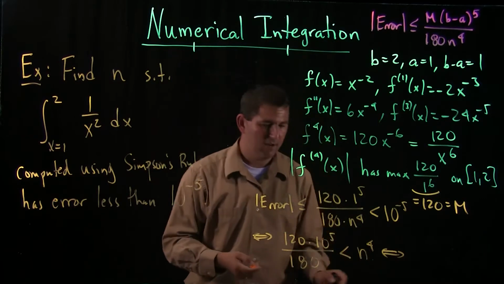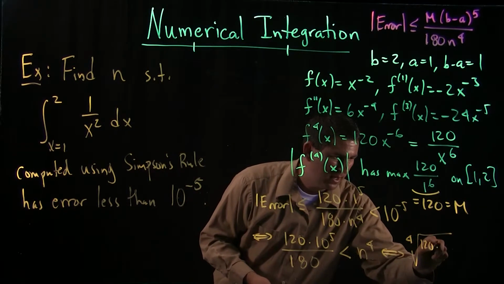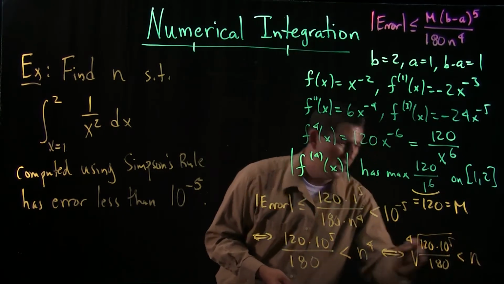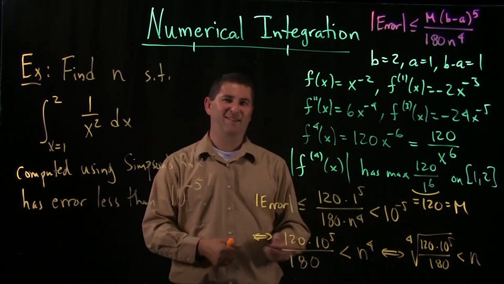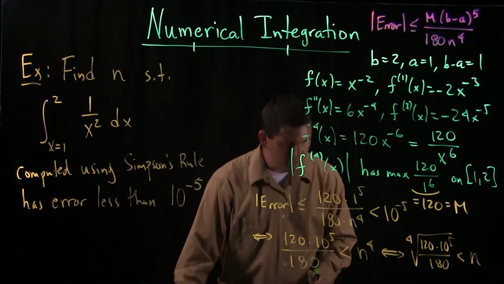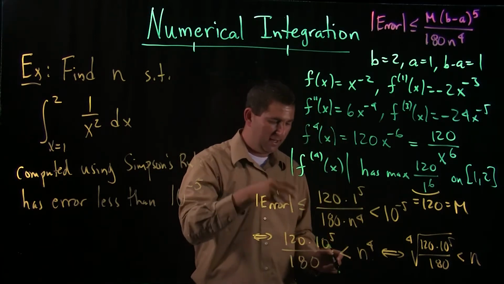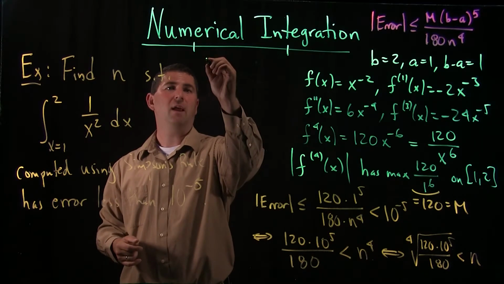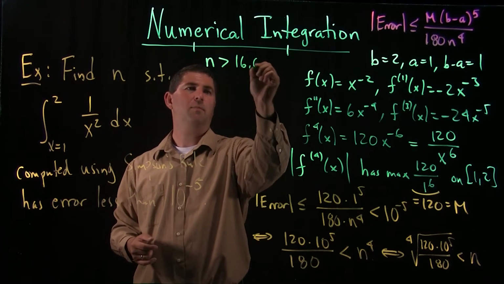So if I take a 4th root of everything, the 4th root of 120 times 10 to the 5th over 180 is less than n. And this is where I'm going to say I need a calculator. Fine, I go to my calculator, and it turns out that this 4th root of 120 times 10 to the 5th over 180 is about 16.07. Okay, so we end up needing that n needs to be greater than 16.07.